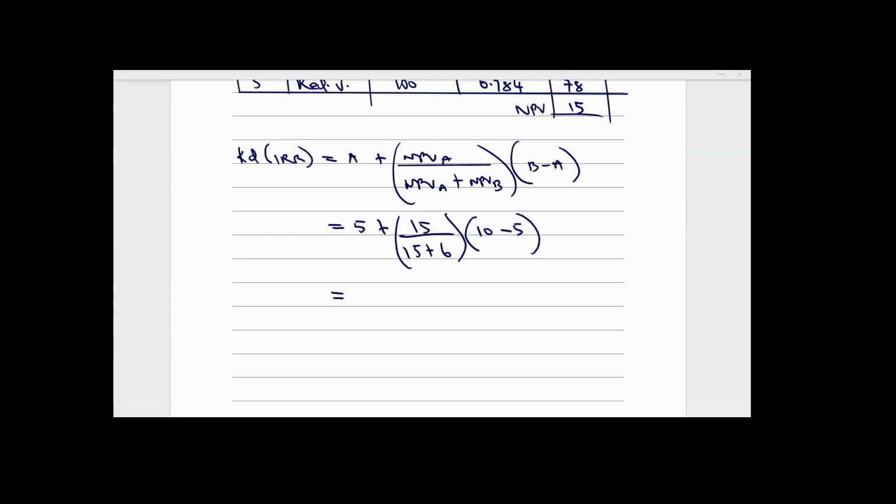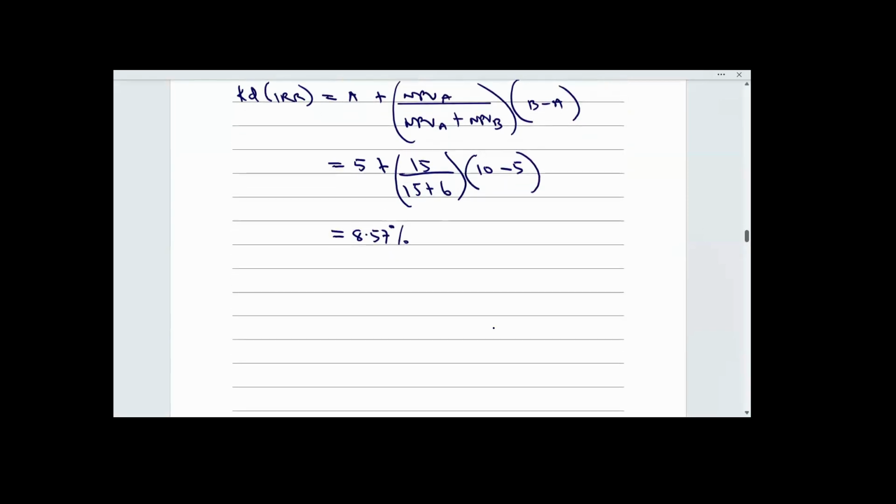15 divided by 21, multiplied by the difference between 10 and 5, which is 5, plus 5, equals 8.57. So this is 8.57%. Therefore, the cost of redeemable debenture is approximately 9%.